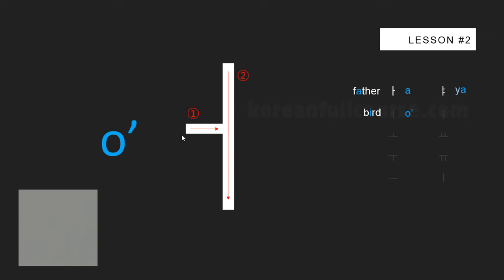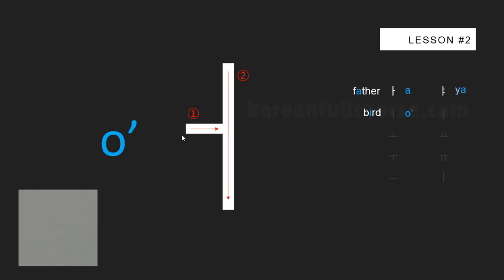The next letter is O. It looks like a reversed letter A. Start drawing it from this little horizontal stroke, not the vertical stroke, okay? Because I have seen that often foreigners start writing this letter from the vertical stroke and then they write the horizontal stroke. If you do so, at the end of the day, your letter O is gonna look like a plus sign, which is not readable and kinda ugly.